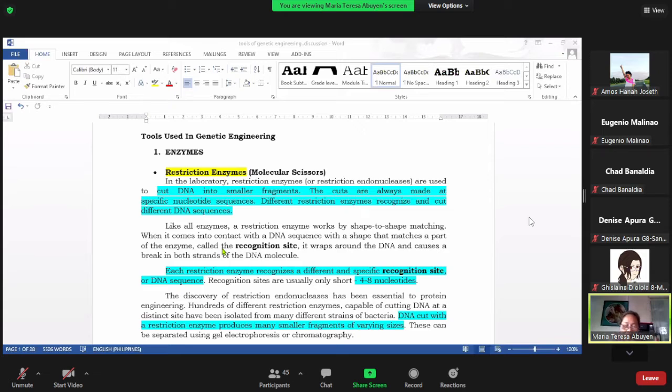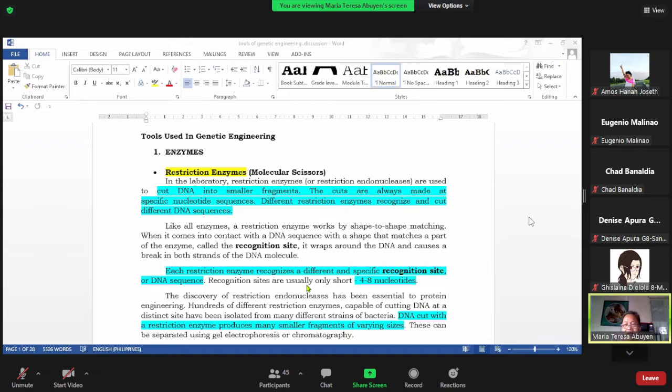Each restriction enzyme recognizes a different and specific recognition site or DNA sequence.